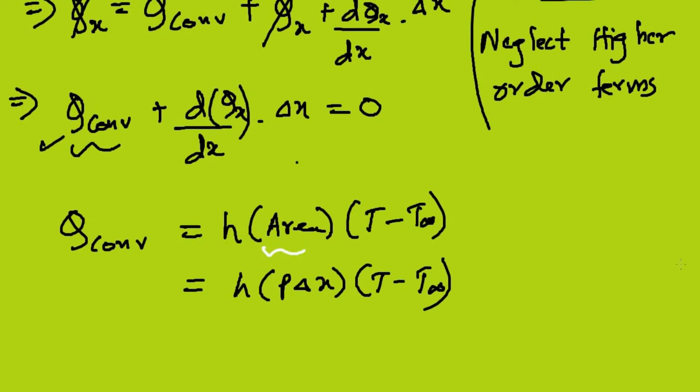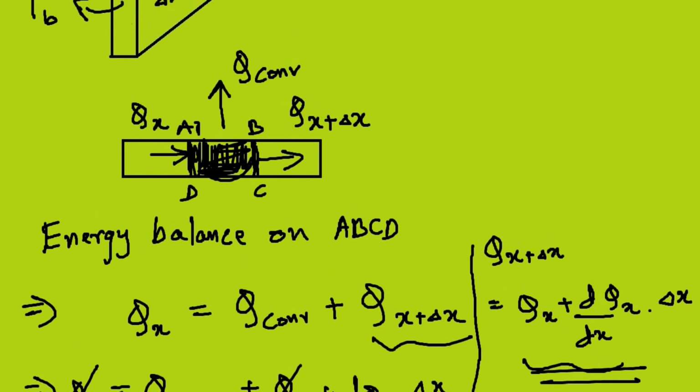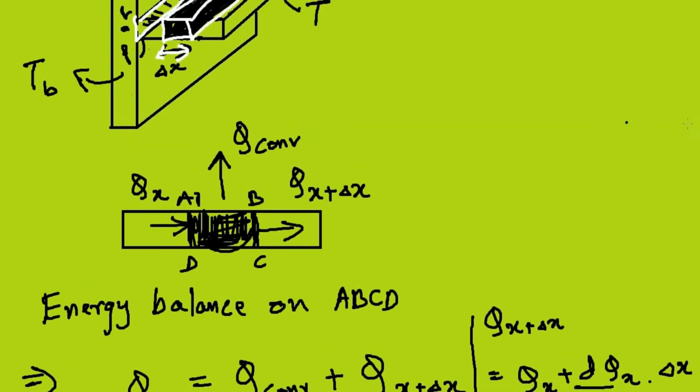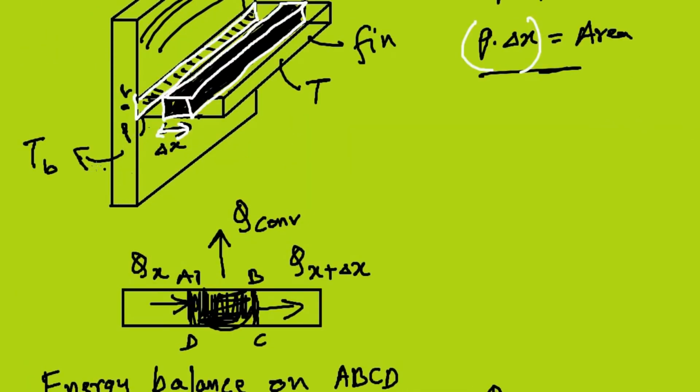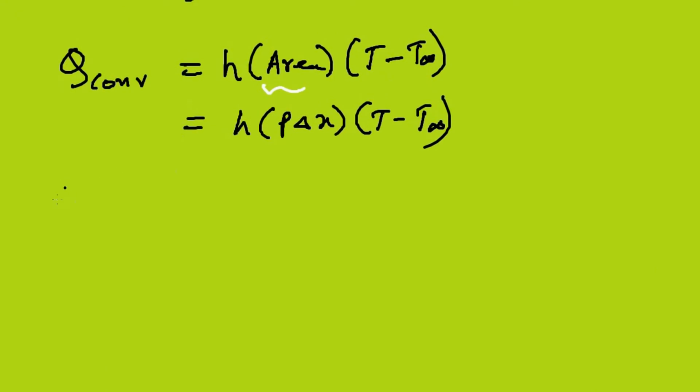So I know the expression for q convection. Now what about qx? qx is simple. I have said before that it is the heat rate due to the conduction from the base of this wall, which is at Tb, to the fin. So qx is due to conduction. Whenever we have conduction, we use Fourier's law. So qx equals minus k times area times dT/dx. Now be careful while writing this area.